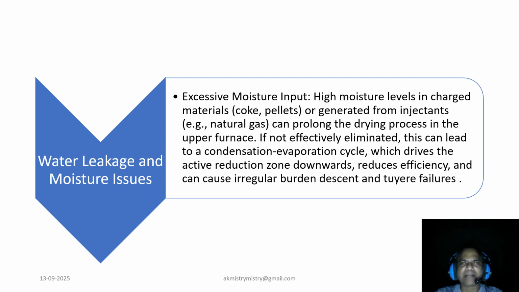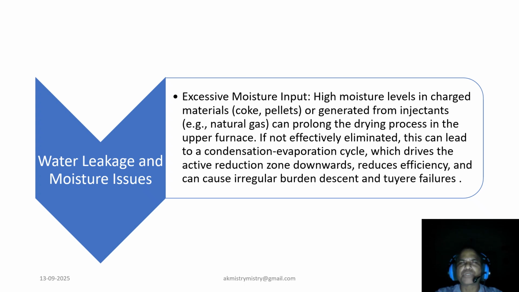Water leak and moisture issues are also very sensitive, and as we know, excessive moisture input from the charged material or injectants prolongs drying, potentially creating a condensation evaporation cycle. This drives the active reduction zone downward, reduces efficiency, and causes irregular burden descent, and even leads to tuyere failure, which gets converted into outages of the furnace.